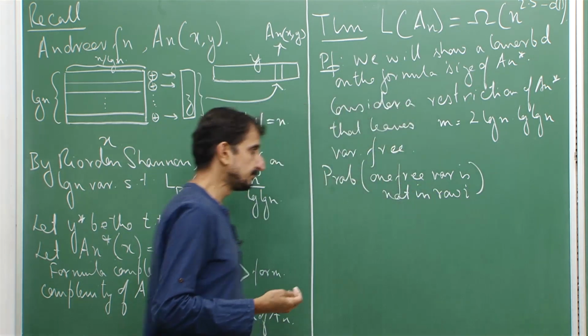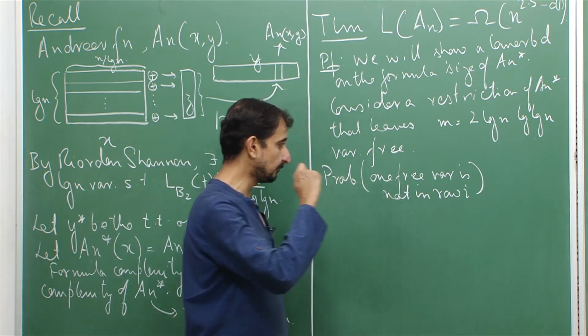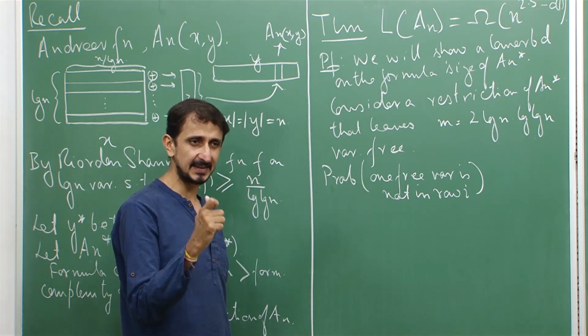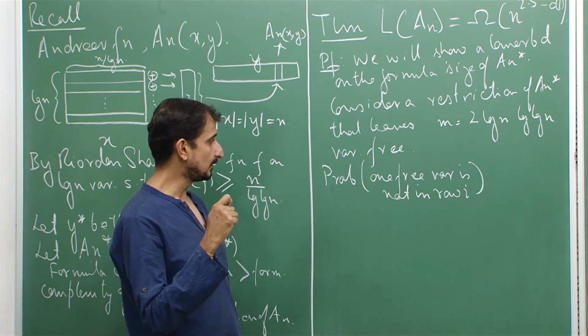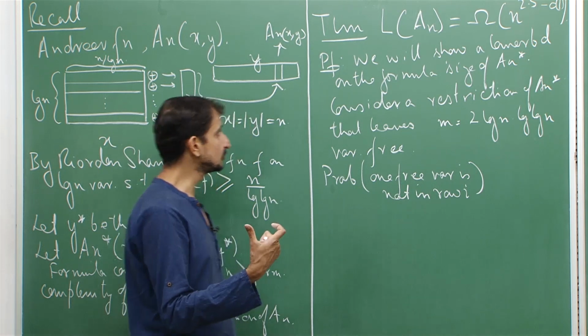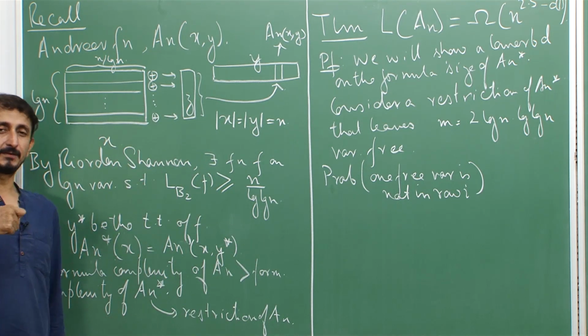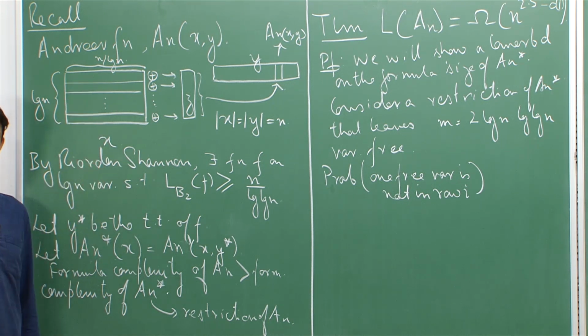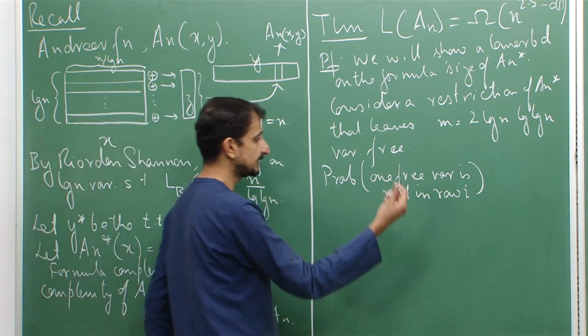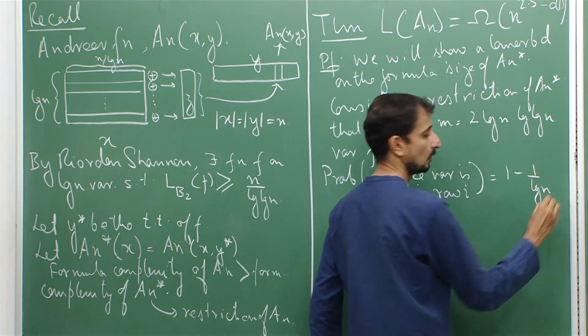I am skipping a step here. Fix any free variable; what is the probability that this free variable is in row i? I have log n many rows, so the probability that any free variable is in row i is 1 over log n. So, the probability that it is not in row i is equal to 1 minus 1 over log n.